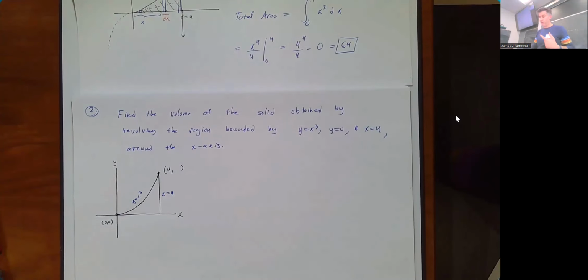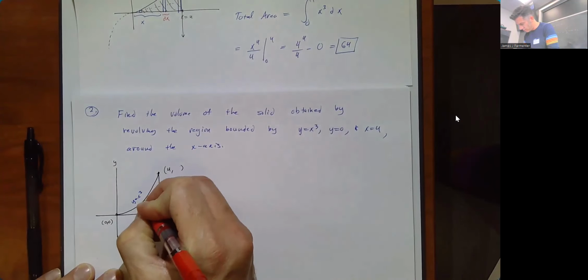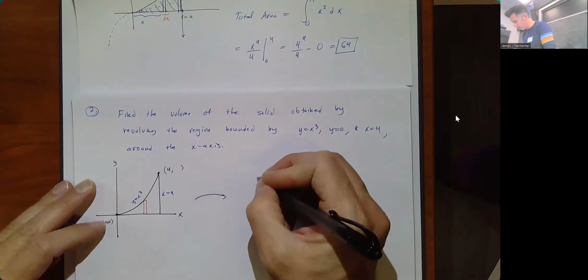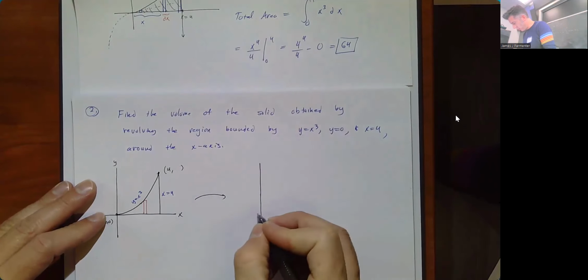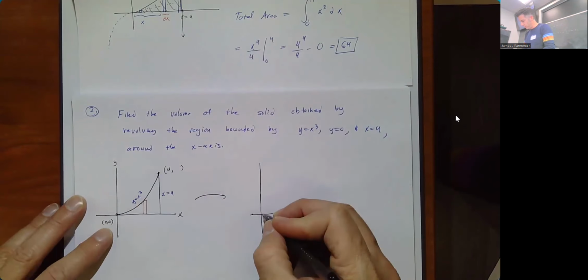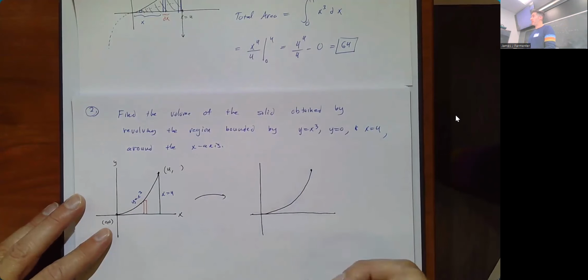Now, with this vertical strip, what's going to happen is we're going to revolve this thing around the x-axis. You don't have to draw this next picture. In fact, normally if I was doing this sort of question as a student, I would probably not draw it. But if you wanted to draw it, the way I would recommend is by taking your shape here and drawing it again, and then drawing the reflection of that across the x-axis.